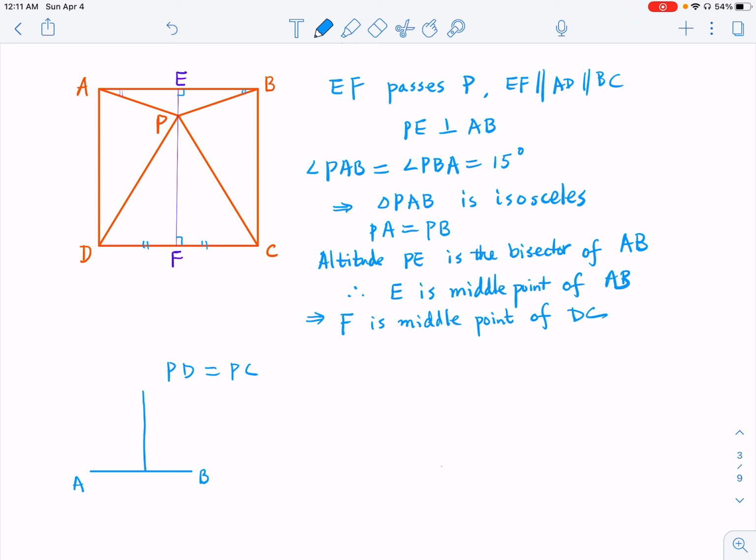So if this is the perpendicular bisector, any point on it, such as P, is equidistant from the two endpoints.